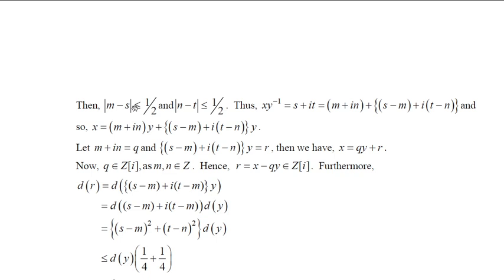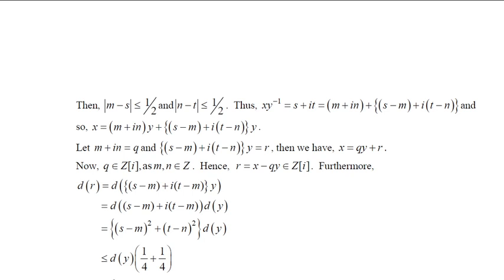Say, for example, if you take a rational between 1 and 2, then either 1 is near to it or 2 is near to it. You have to choose 1 or 2 depending on their distance.